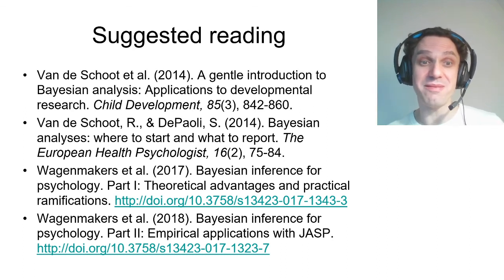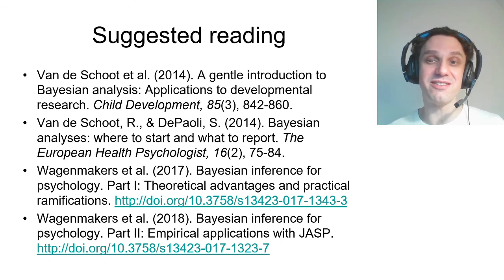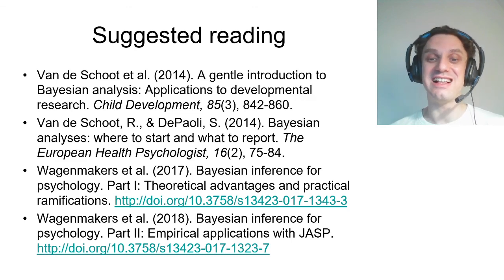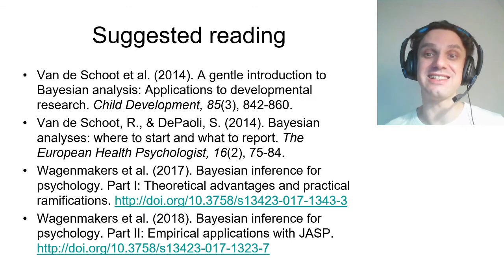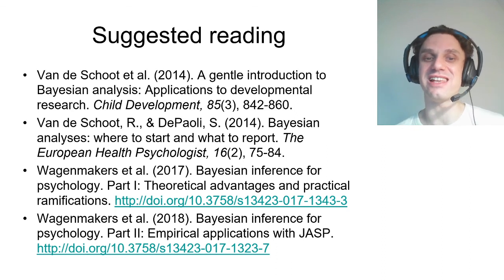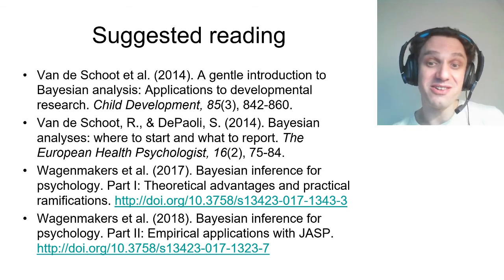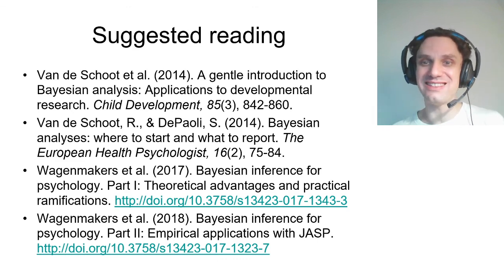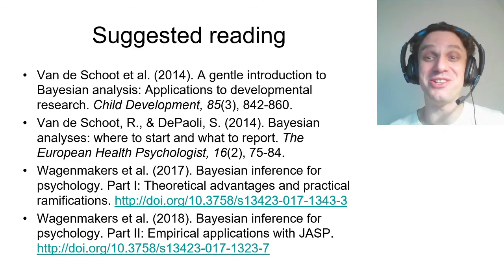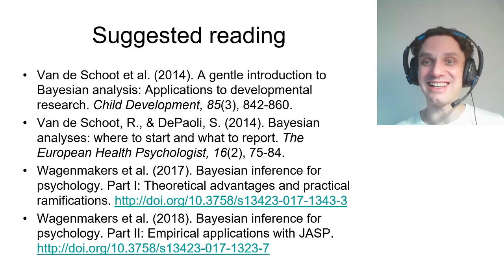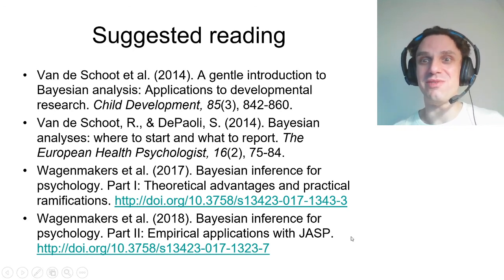And there are also two papers by Eric-Jan Wagenmakers, the creator of JASP, with his colleagues, where they describe the basics of Bayesian inference, and they also provide examples of simple Bayesian alternatives of classical statistical tests like t-tests, correlations, etc., to argue that Bayesian approach is better. But, well, if you're interested, it's up to you to try it and decide. And JASP is probably the software of choice. It's much more convenient than R for Bayesian statistics.